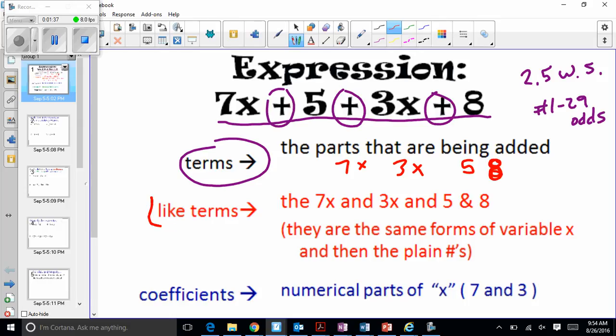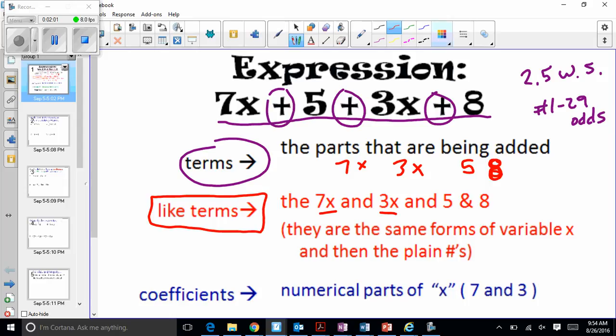In the next row, we're talking about like terms. 7x and 3x, they are like terms. They both have a variable with them. Now, the coefficient in front of that variable is not the same, but we can combine those if we wanted to.